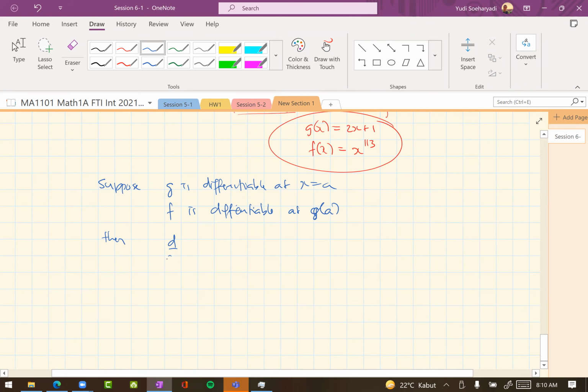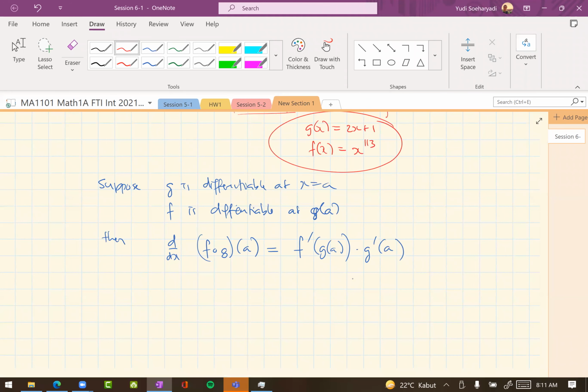This is the chain rule: the derivative of f followed by g computed at the number a is this one here. Take the derivative of f computed at g of a, but then you multiply by the derivative of g computed at a. That's what we call the chain rule.